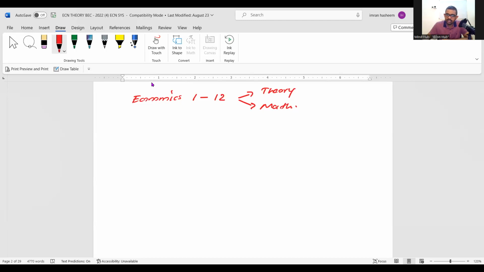Then there's a lot of theory that we will have to remember when we study these 12 units. Concepts, definitions, characteristics, features, components, right? Pros and cons, advantages, disadvantages, right? Factors or determinants, factors that affect things, all of these. So there's a lot of theory stuff that we will have to remember from unit 1 to unit 12. How do you remember all this?